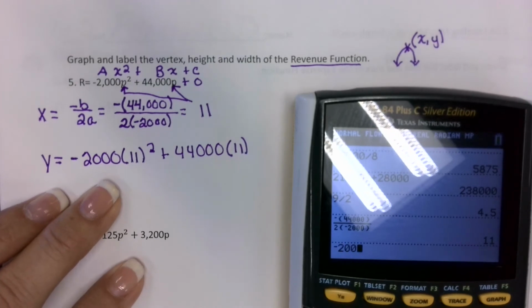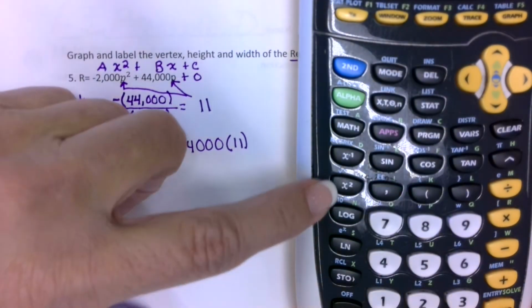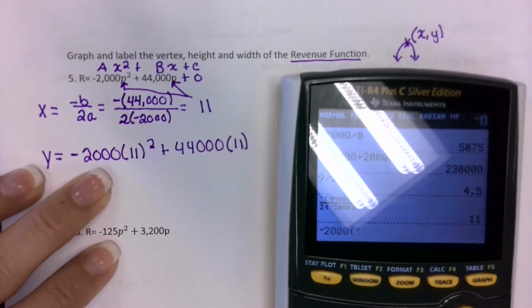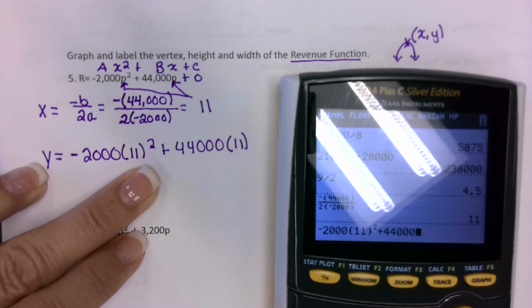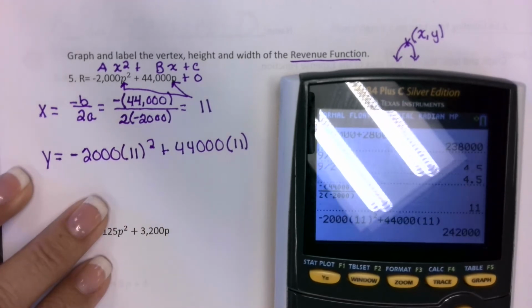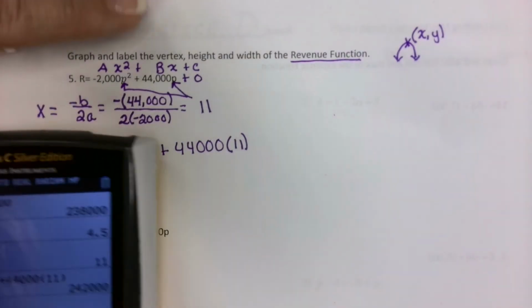Negative 2,000, parentheses, 11. The square button is right here. Plus 44,000 times 11. And we have y equals 242,000.